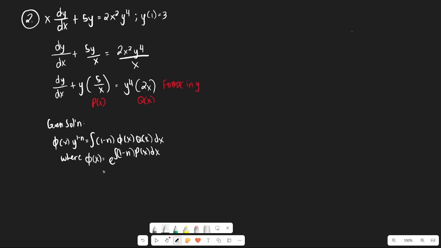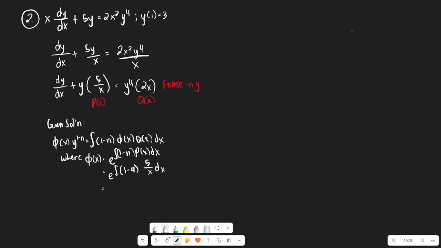Now, we can find phi of x, which is given by e raised to the integral of 1 minus, our n right here is 4. So 4 is our n. 1 minus 4, p of x is 5 over x dx.